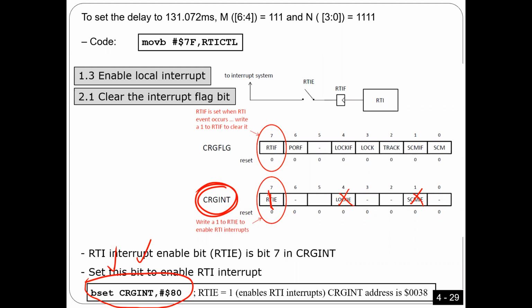Is that okay? However, tomorrow I may ask you to disable RTI at a certain point. How can you do that? Very simple. Instead of using bit set, you use bit clear. That's it. You put 0 here. Is that okay? What it means?